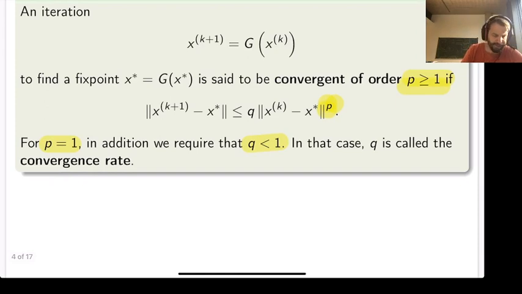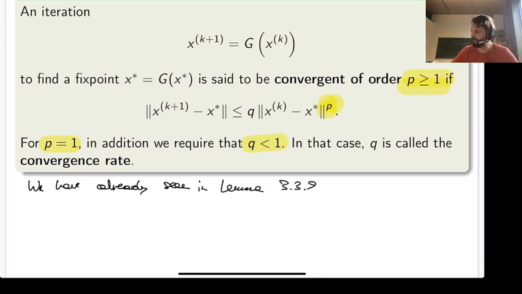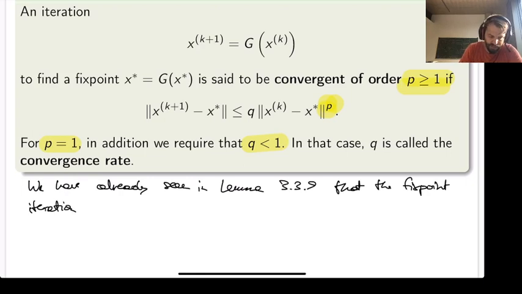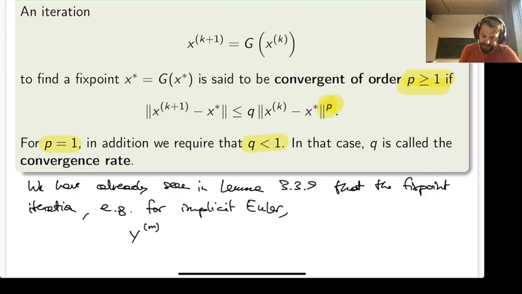So we have already seen in Lemma 3.3.9 that the fixed point iteration, e.g. for the implicit Euler method, so that we compute the y_m iterate, so this is not the mth value.